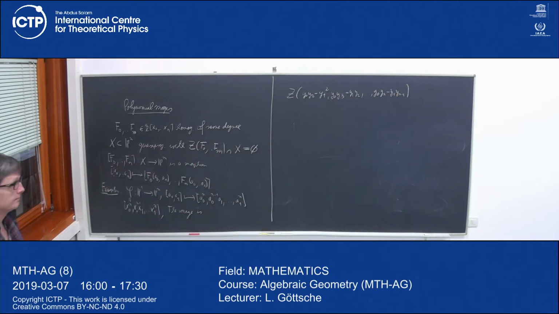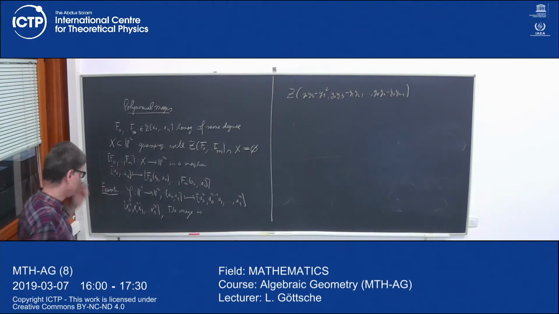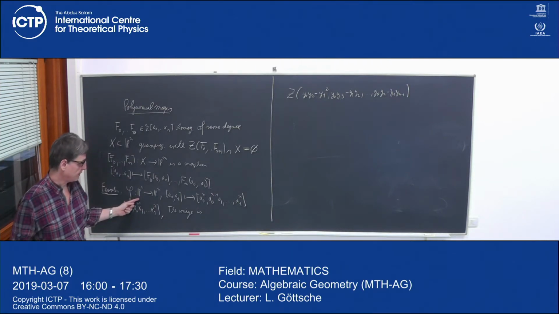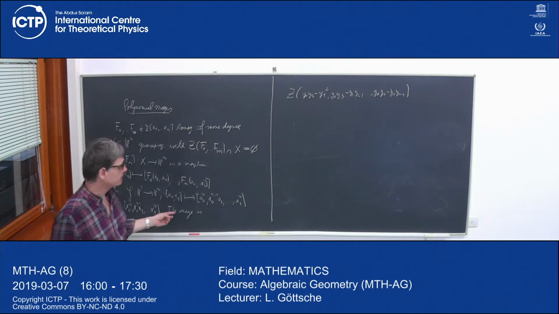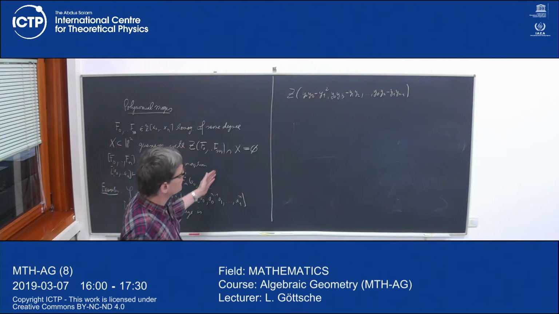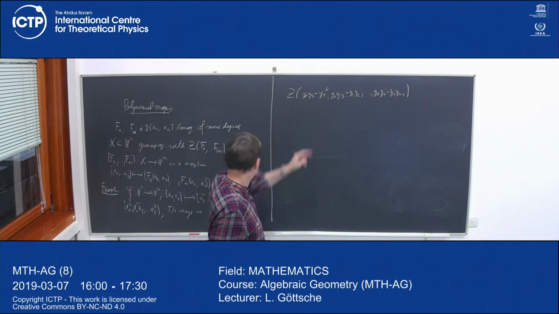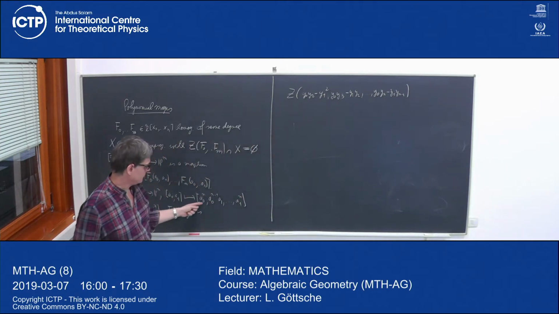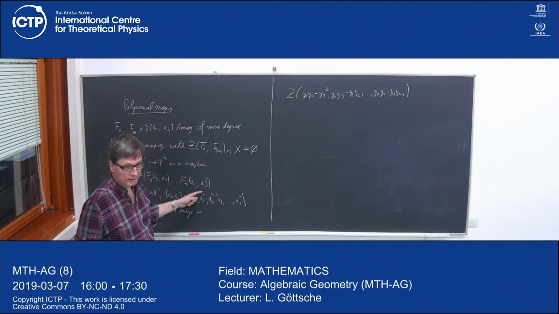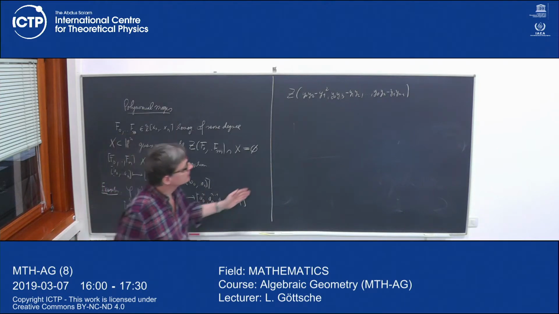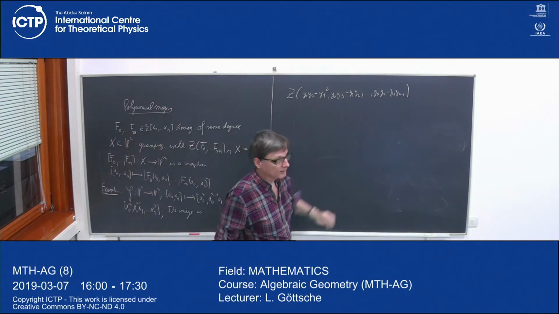Now, if you look at it, it is clear that P1 is mapped into this, because yi is just e0^(n-i) times e1^i, and then obviously this will always work.